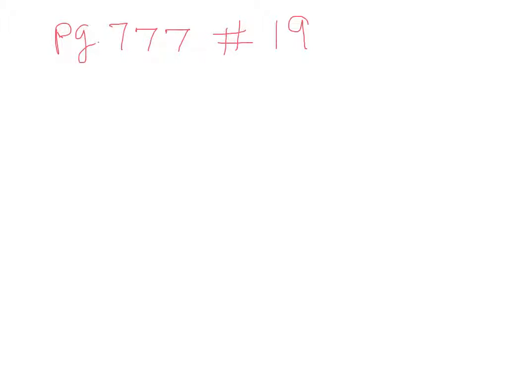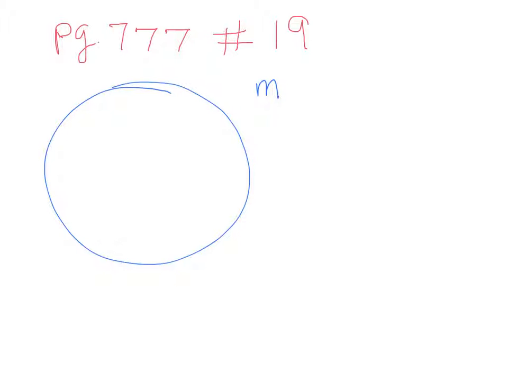And problem number 19, you have a circle. They want the measurement of the arc AB. And the picture, this is D, B, C, like that. This is more notes.